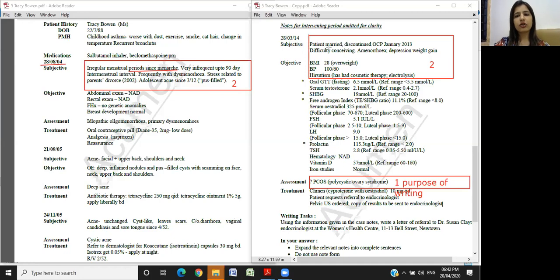Now, in today's visit also, if you directly start with difficulty conceiving and amenorrhea, that is not going to make sense if you don't write about the fact that they have had irregular menstruation period. It is not something that has suddenly started happening. So, whenever the past medical history is directly relevant to the current problem, or whenever the past medical history is a reason for the current problem, then those things should be written in the second paragraph.